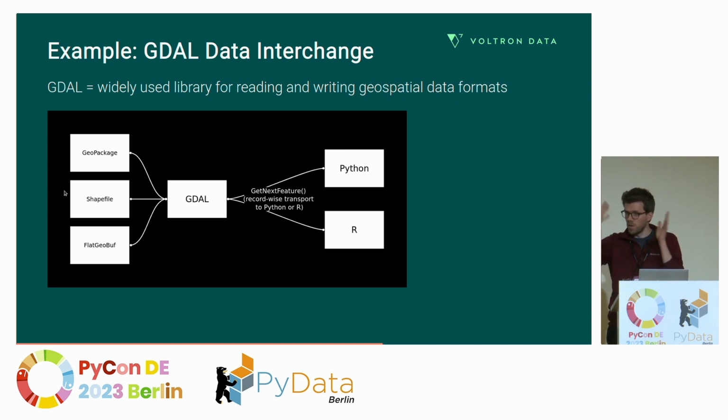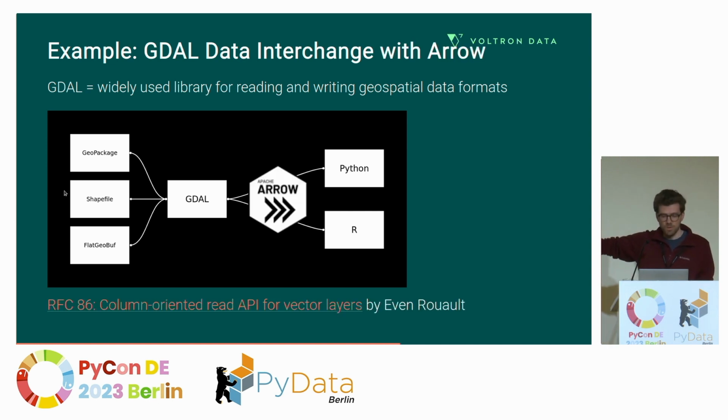It's also a lot of work to implement this if you want to get the data into a tabular format. And so we can improve this by using Arrow there. And that's something that has been implemented in the latest version of GDAL. So they now have a way that GDAL directly creates Arrow data, and as the Python library, we can directly receive the data as Arrow instead of receiving it row by row and having to build up the data frame ourselves.